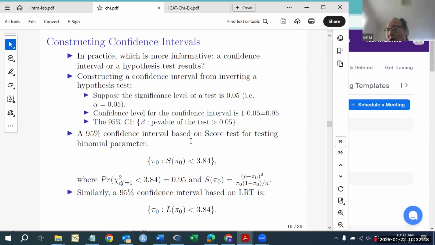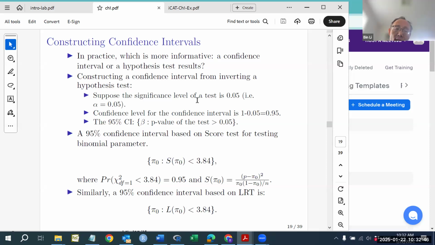So the idea for a confidence interval based on a particular test is we need to find the parameter values such that the test statistic based on this specific test will not reject the null hypothesis. And that set of values for the parameter is the corresponding confidence interval.